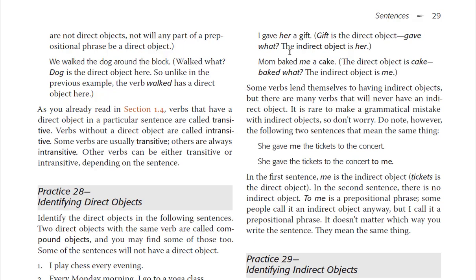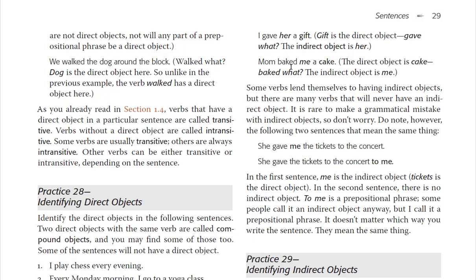But "for" is understood, just like "to" is understood. Nobody says it anymore. So then you switch it around, and in conversational English, you can say, Mom baked me a cake. It's very conversational English.